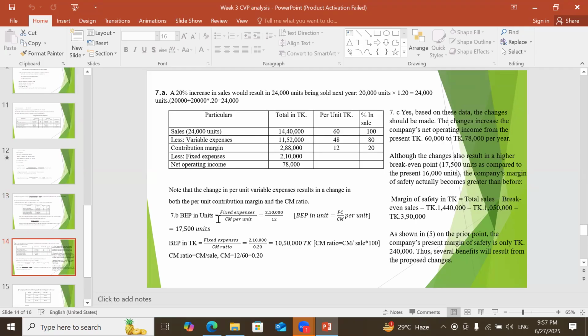You try to remember the formula. Fixed expense divided by CM per unit. This is here unit, here also unit. Okay. So new break-even point in unit: 2,10,000 and CM per unit 12.